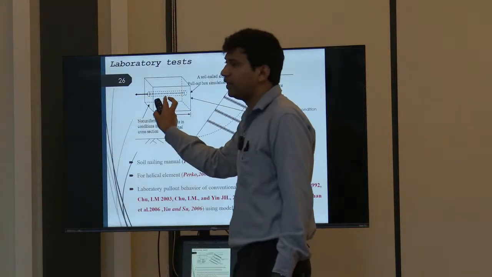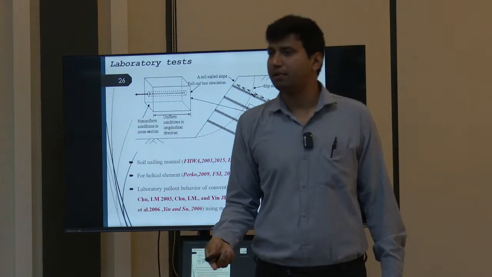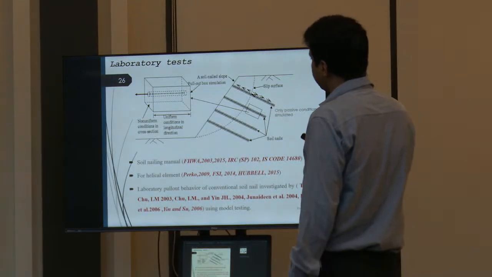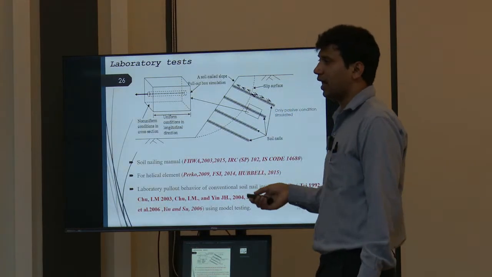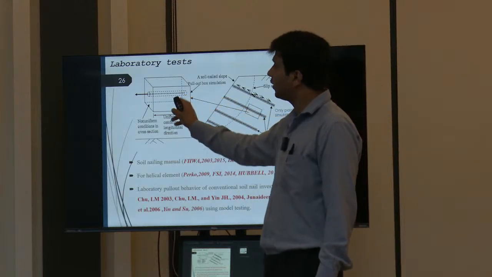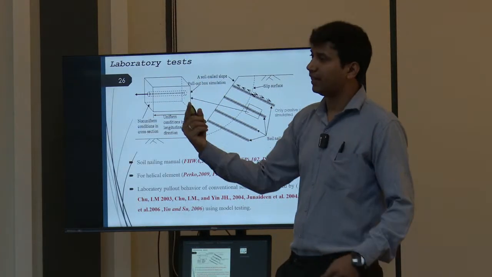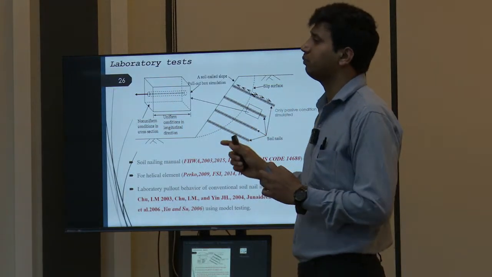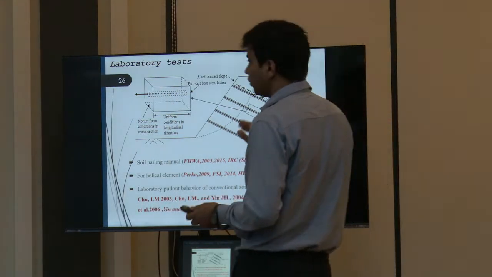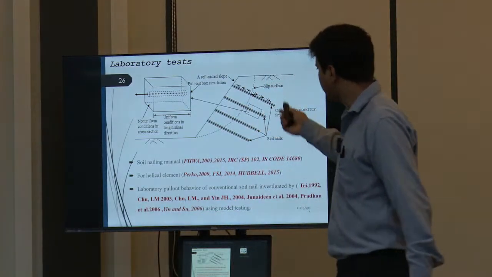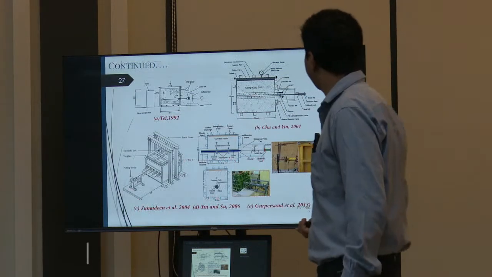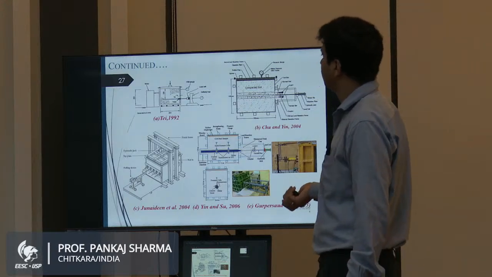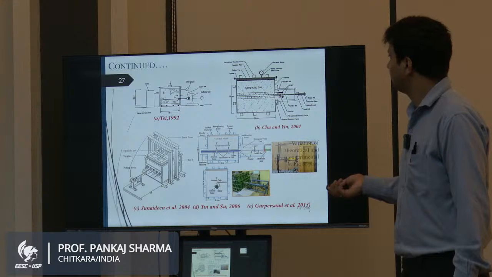When there is a displacement of 30 mm, up to 30 mm is considered as the pull-out value. After that, you may further get a max value of force, but still you will consider the pull-out value up to 30 mm. So these are the literature conducted by different researchers. Different laboratory tests were done by different researchers to calculate the pull-out capacity.